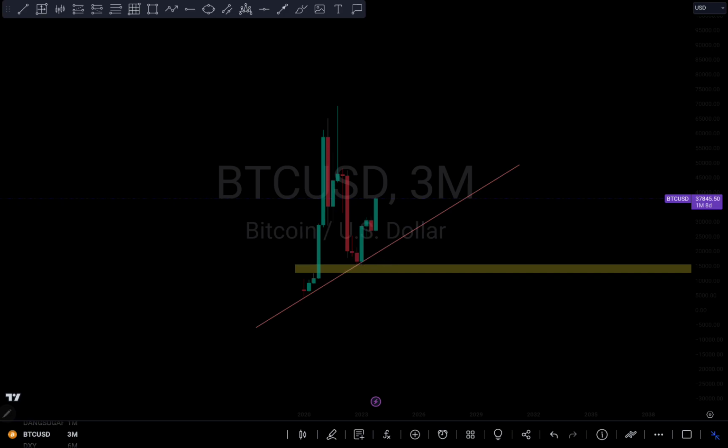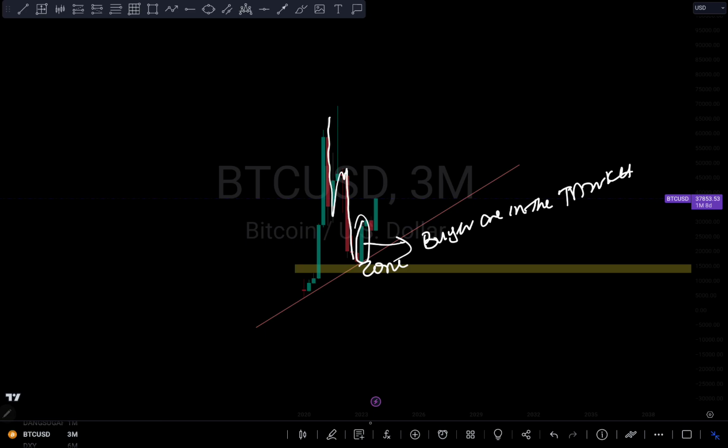So we can see that as soon as we got to the zone of interest right here, we pushed up with this beautiful engulfing candle, and that indicates that the buyers are in the market. We can see that we've had this impulse, correction, and continuation right here for this downtrend.